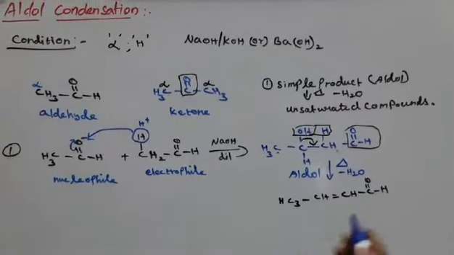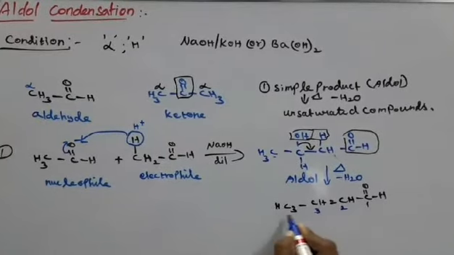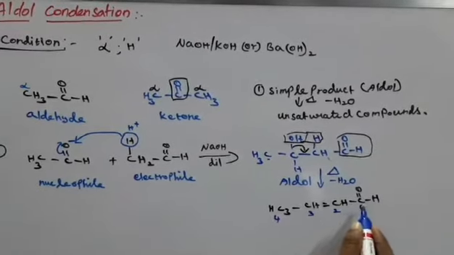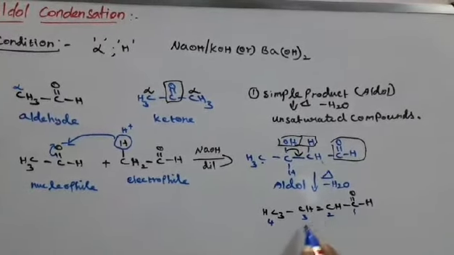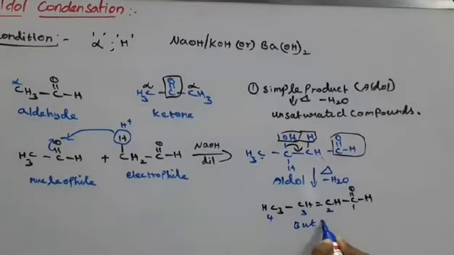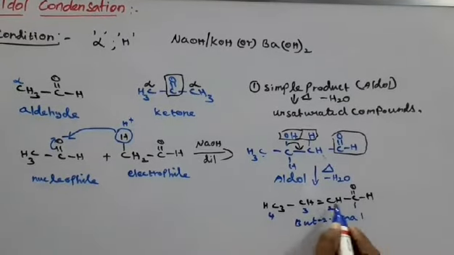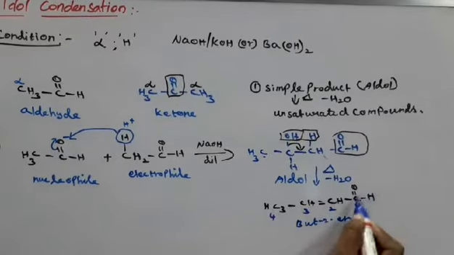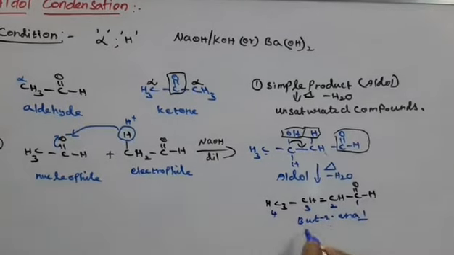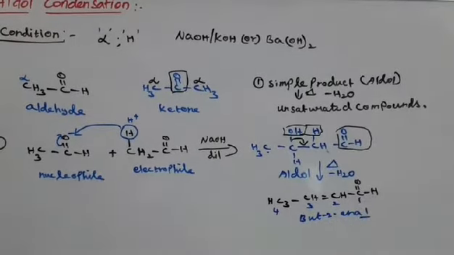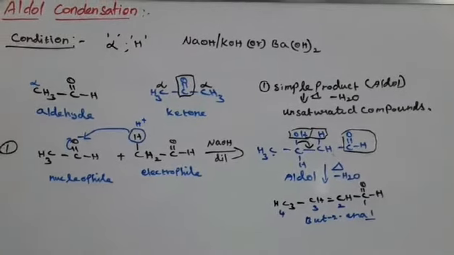This is 1, 2, 3, 4, so it is but-2-enal, because the ene is at the second position and the aldehyde is present. So this is your aldol condensation.